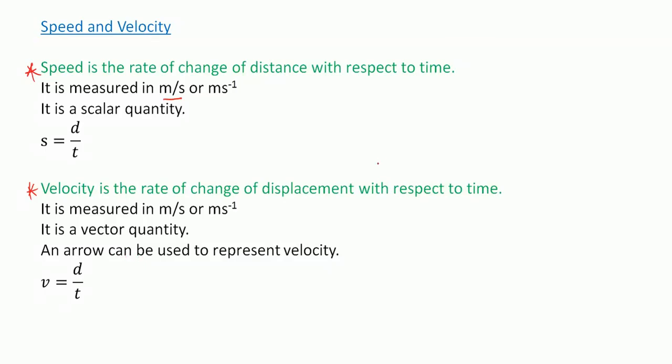Because we can represent a vector using an arrow because the length of the arrow represents the magnitude, and the direction of the arrow represents the direction of the vector. Now, velocity is given by distance over time as well, but this d really represents displacement. Okay?